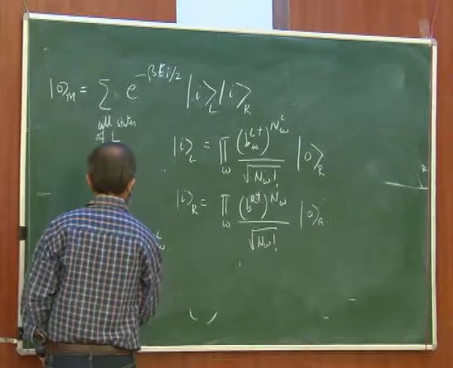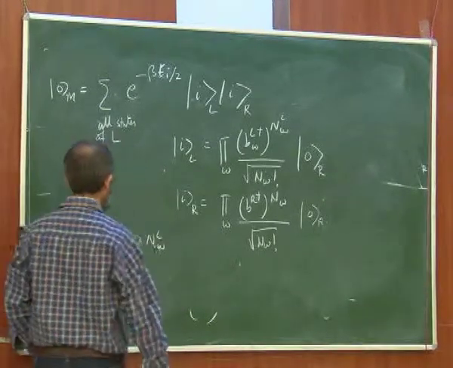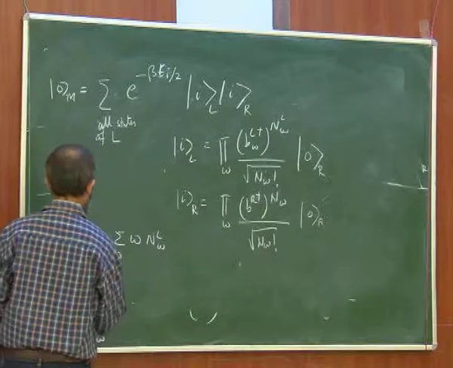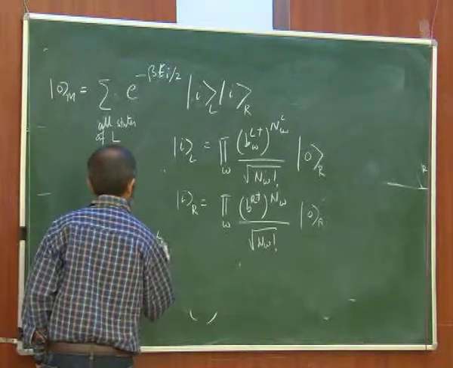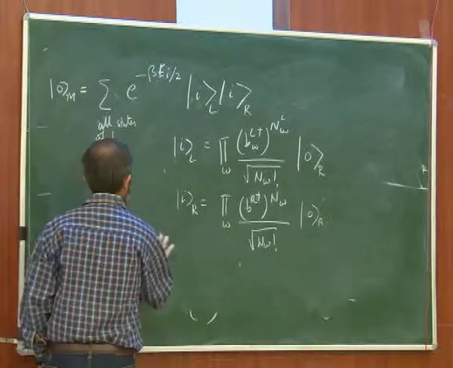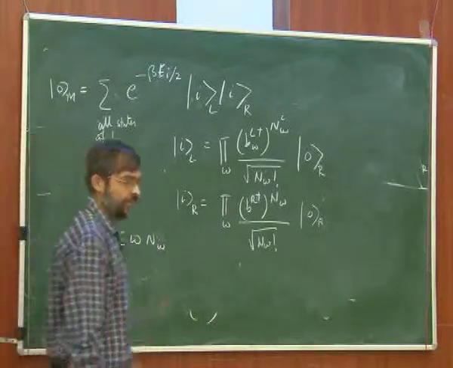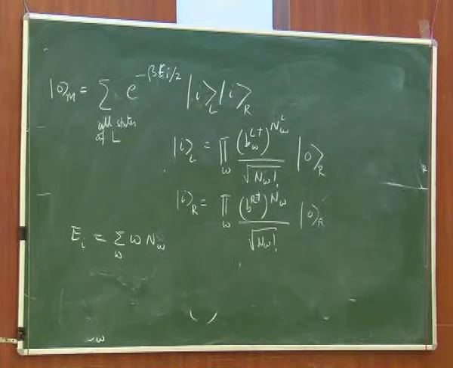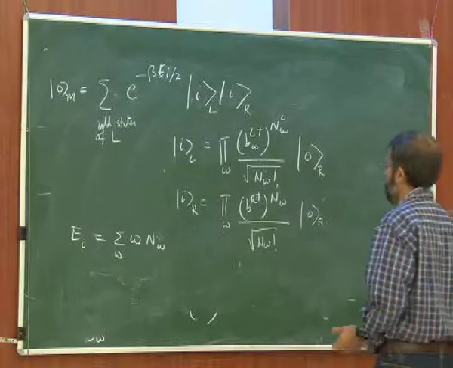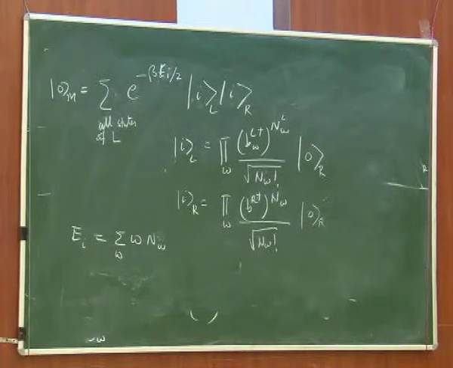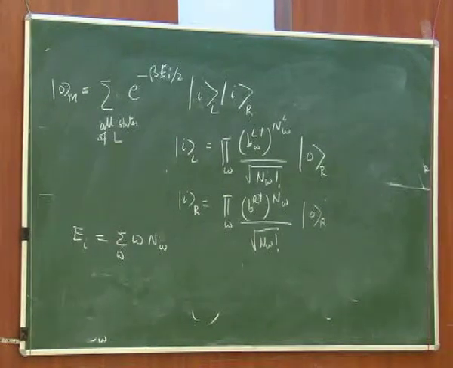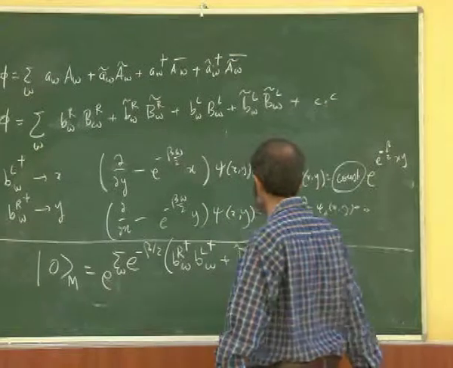That will be given by the sum over omega of N_L omega, and it's just given by this. The way to derive this is by bringing this down from the exponent and expanding it out.